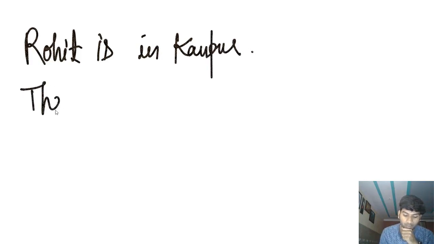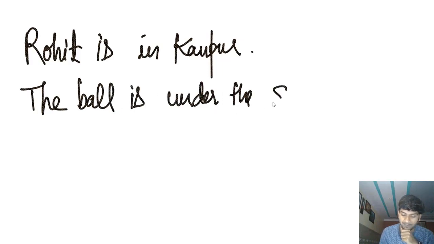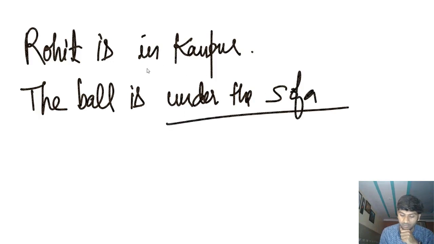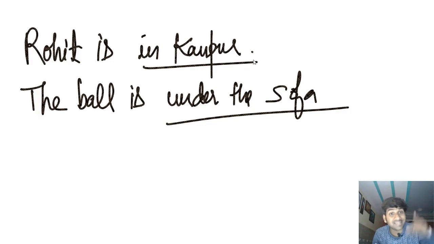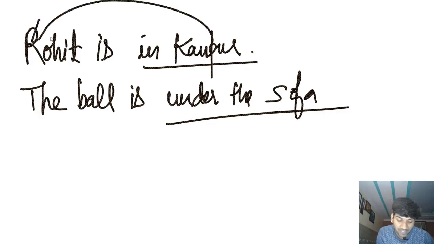For example, Rohit is in Kanpur. In Kanpur. The ball is under the sofa. Under the sofa.